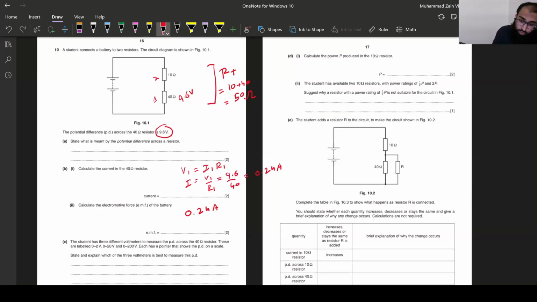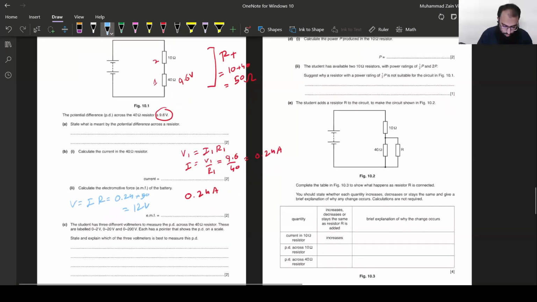If the total resistance is 50 ohms, I need to find the total potential difference, which is equal to the EMF. V equals IR, which is 0.24 times 50. As Elias told, the answer would be 12 volts. So 50 times 0.24, yeah, 12 volts would be my answer. So that's how I get the answer.